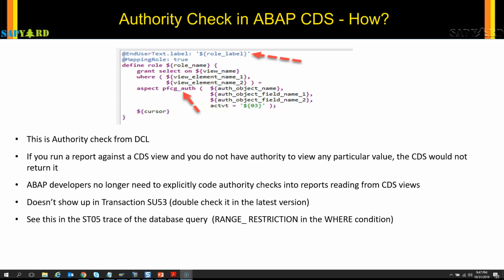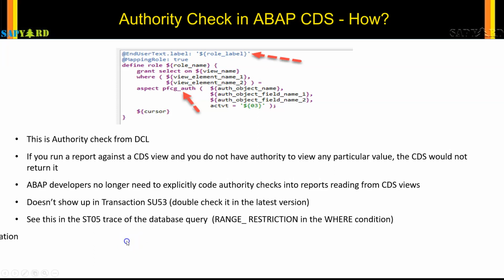I don't know if it shows up in the latest version, but in the version which I checked, it did not show up. However, the access control can be seen in the ST05 trace, and this can be searched with the range underscore restriction in the where conditions. So you can find the access control objects in the ST05 trace.